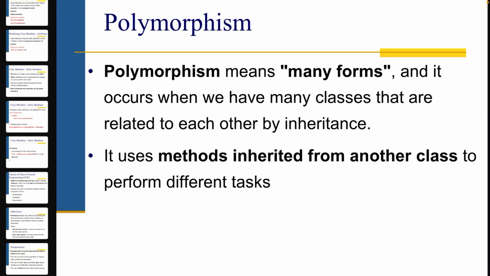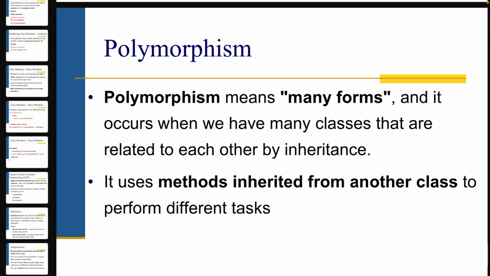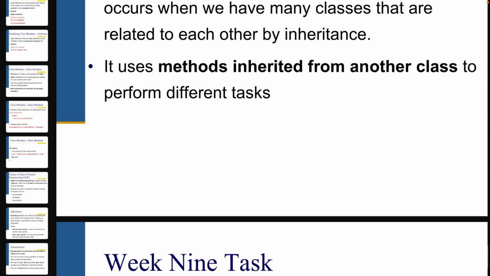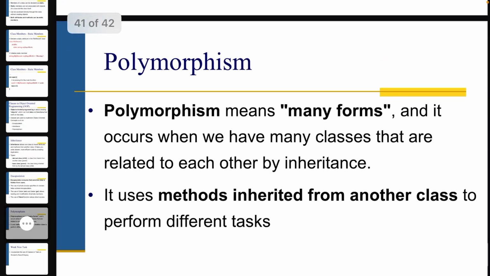Polymorphism. With polymorphism, this is the last type of classes in object-oriented programming.